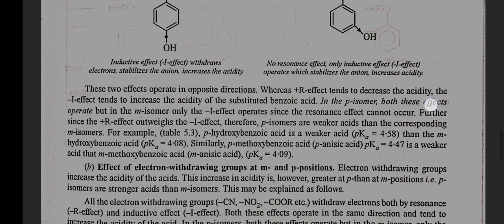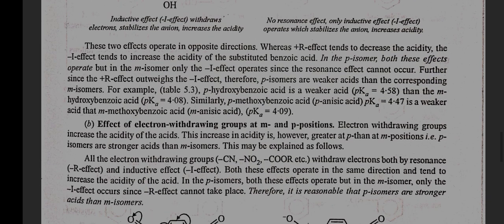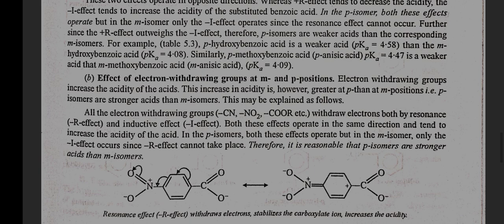These two effects operate in opposite directions, whereas the +R effect tends to decrease the acidity, the -I effect tends to increase the acidity of the substituted benzoic acid. In the para isomer, both these effects operate, but in the meta isomer, only the -I effect operates, since the resonance effect cannot occur. Further, since the +R effect outweighs the -I effect, para isomers are weaker acids than the corresponding meta isomers.